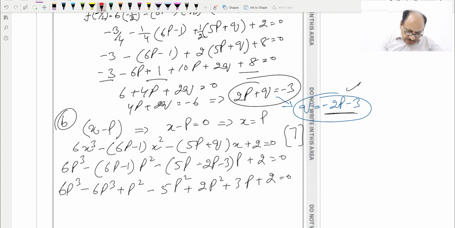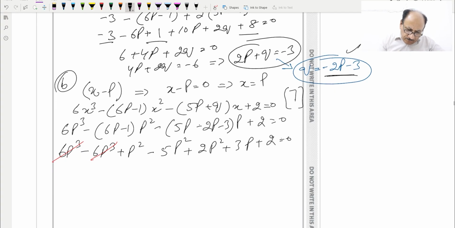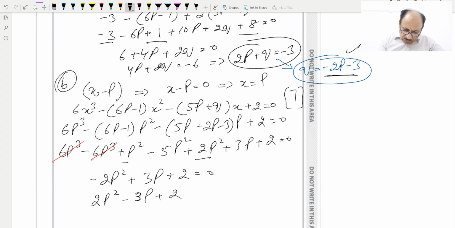Further we can cancel, these two will be cancelled, and we can simplify. P square and p square will be 2p square, so minus 2p square, plus 3p plus 2 is equal to 0. We can change sign, so 2p square minus 3p minus 2 is equal to 0.